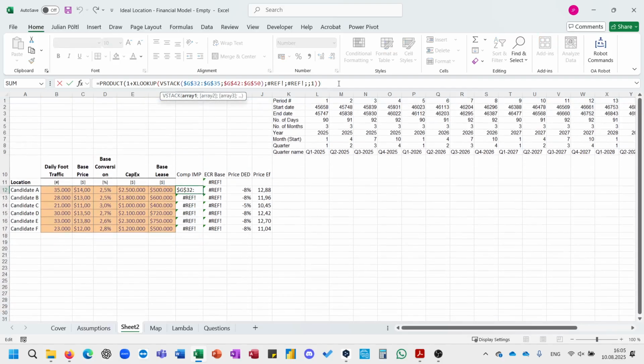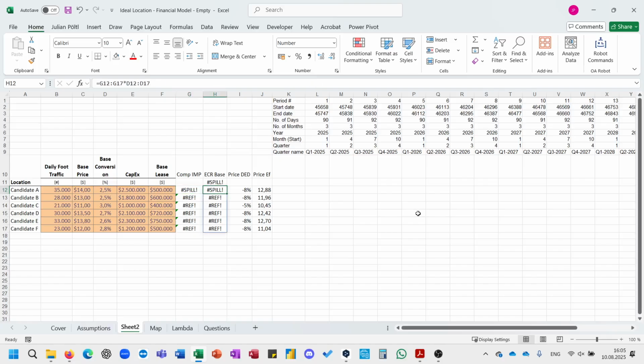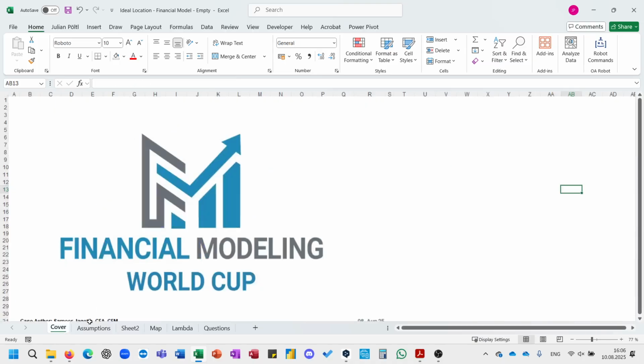Yeah, of course. Okay, this I also take from my assumption table. Okay, should be fine.